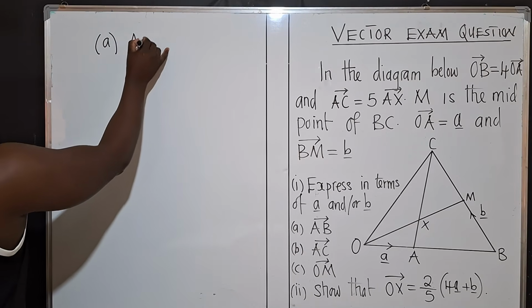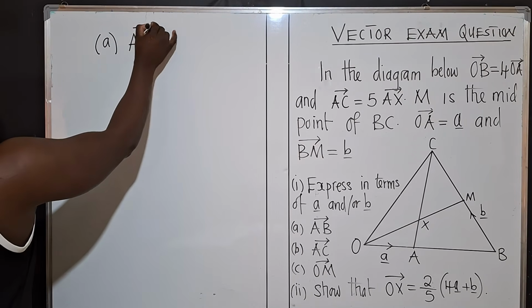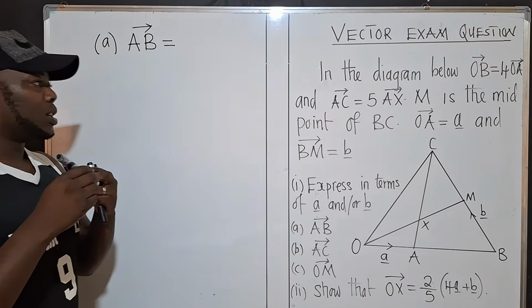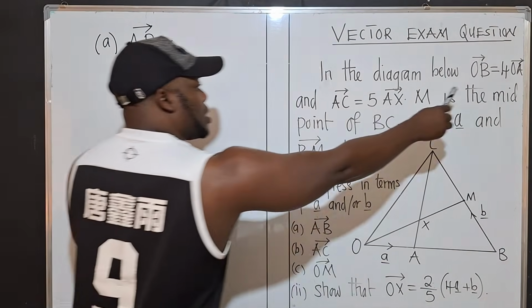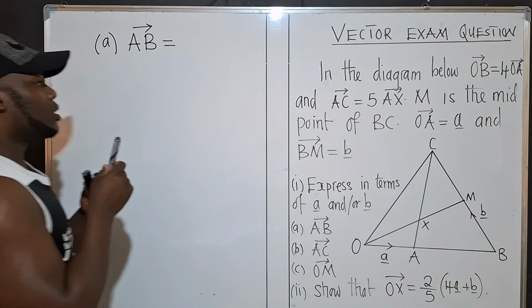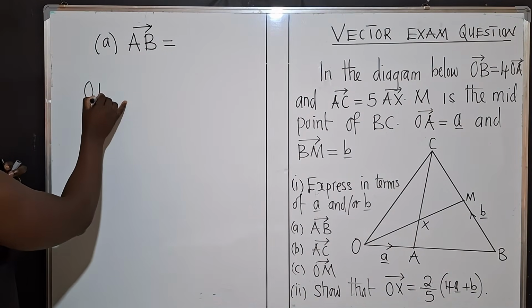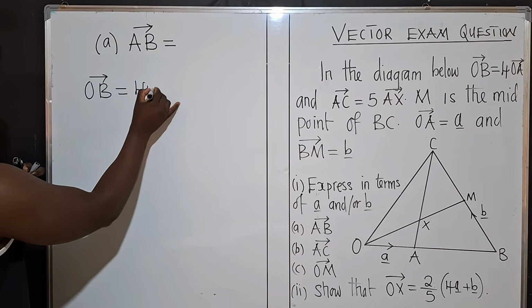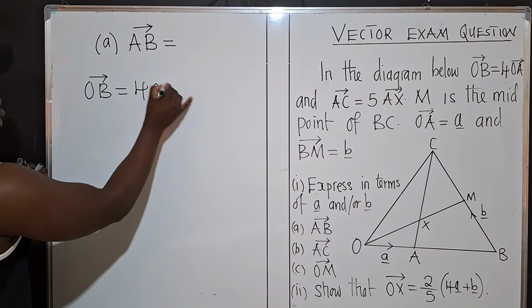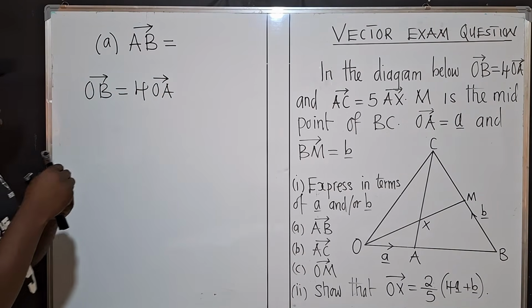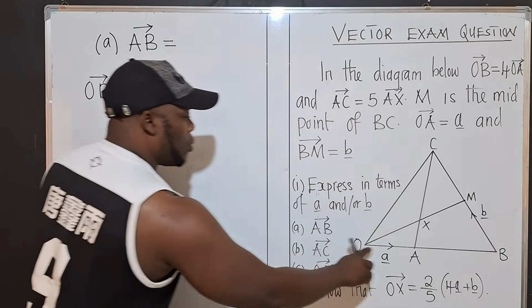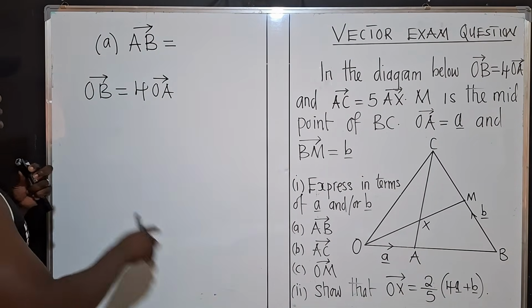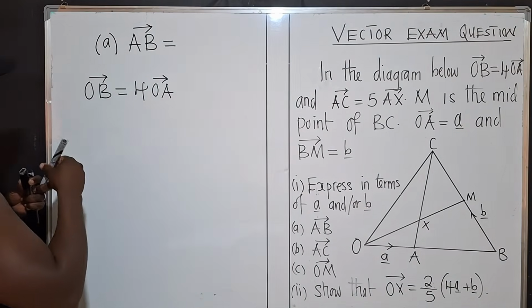Vector AB. To find vector AB, we're going to use the statement where they said vector OB is equal to 4OA. Do we have OA? Yes, that's a.